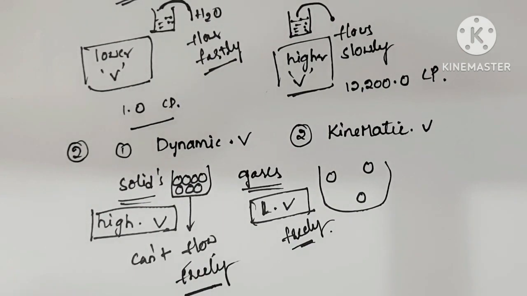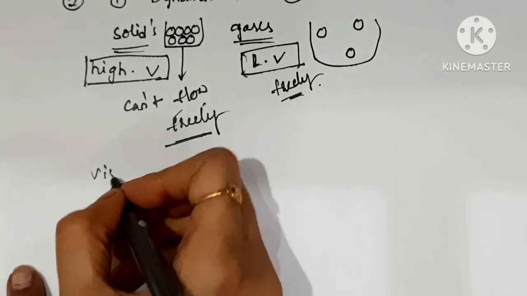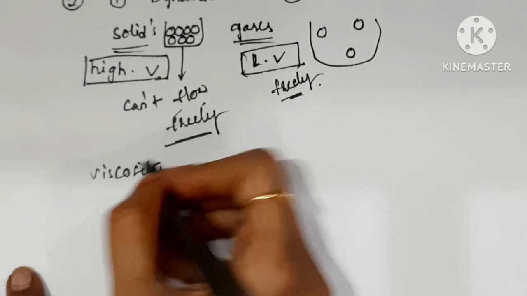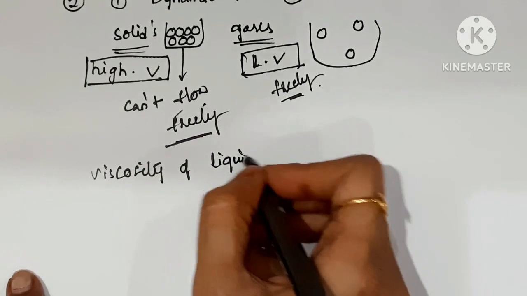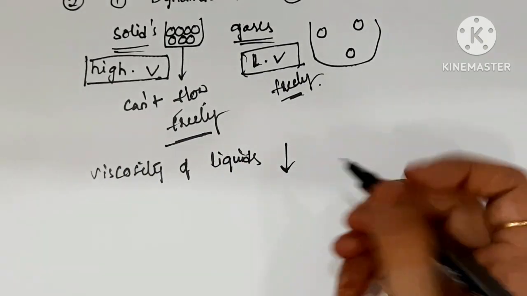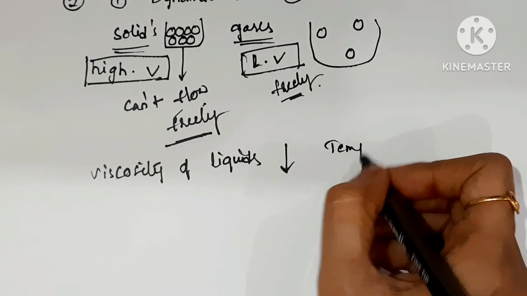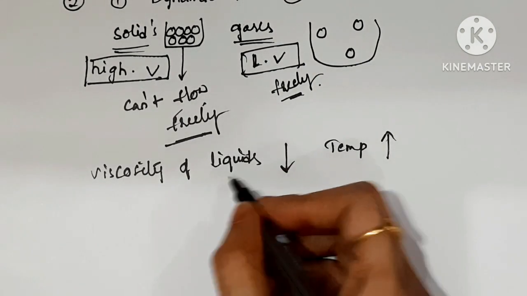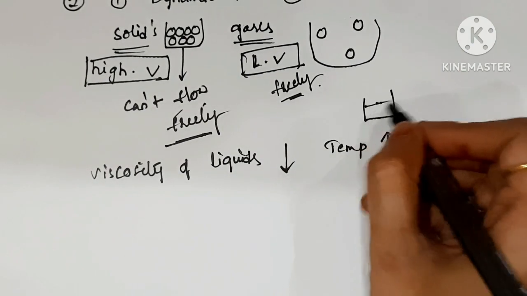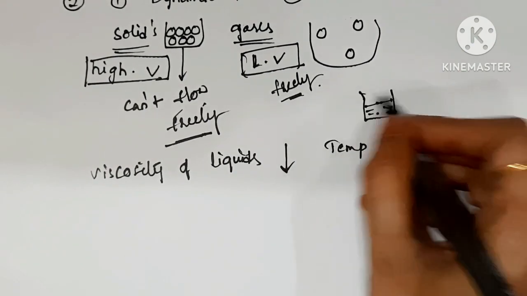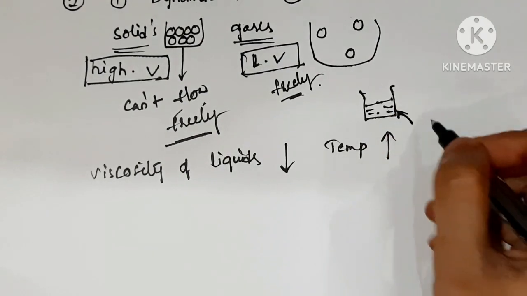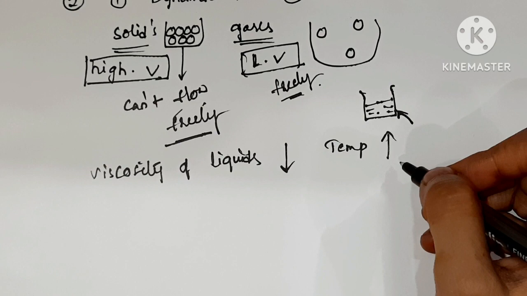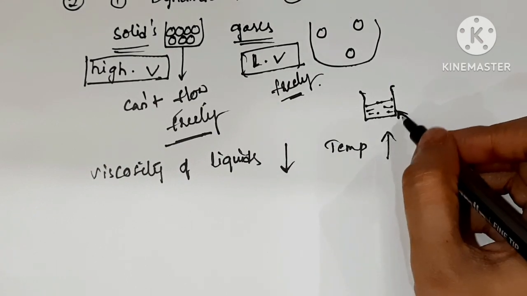The viscosity of liquids generally decreases when temperature increases. You have to think about it once. When we apply temperature to a beaker with some liquid inside, what happens?